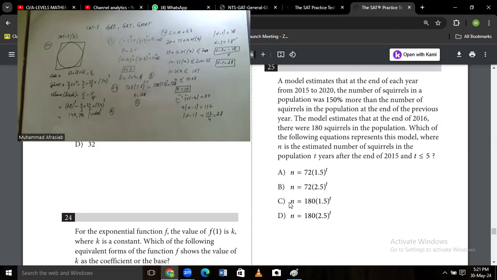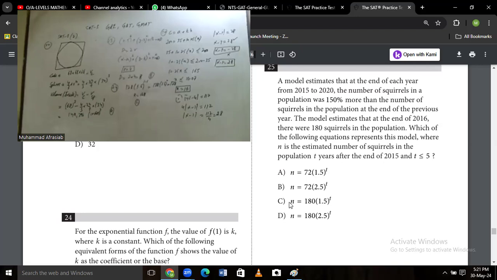The model estimated that at the end of 2016, there were 180 squirrels in the population. Which of the following equations represents the model where n is the estimated number of squirrels in the population t years after the year 2015, where t is less than or equal to 5?